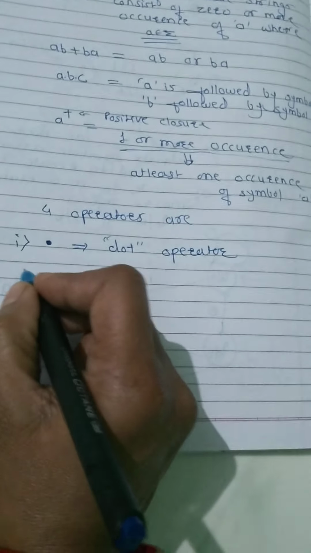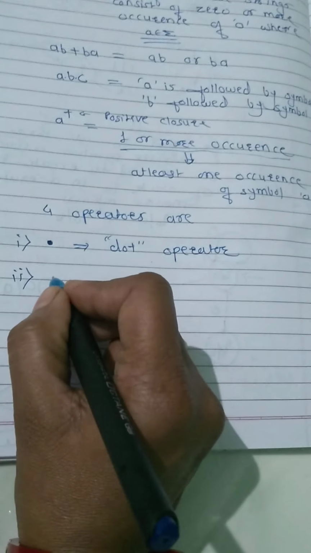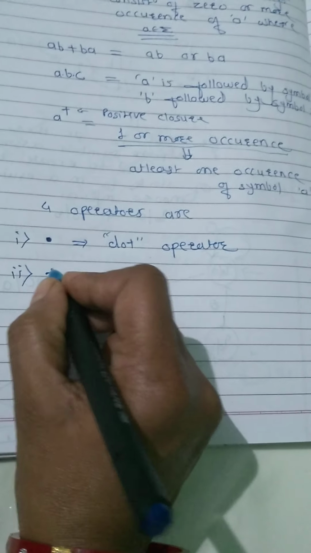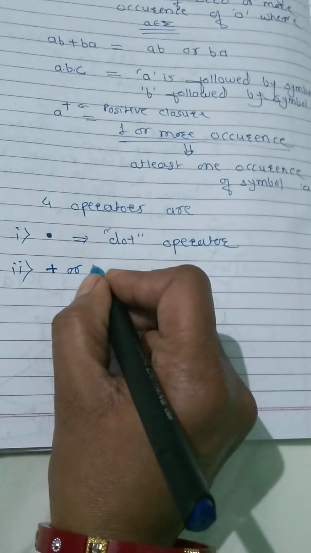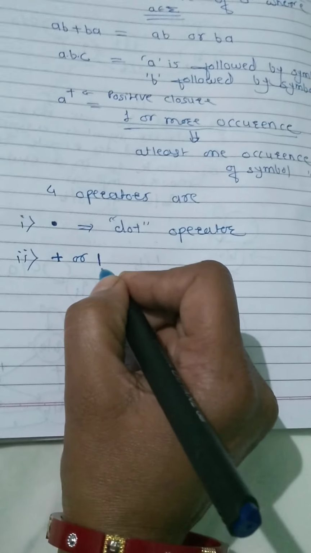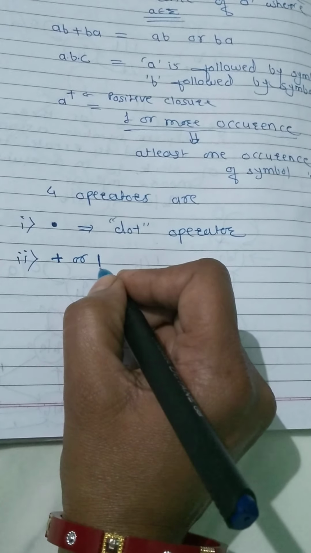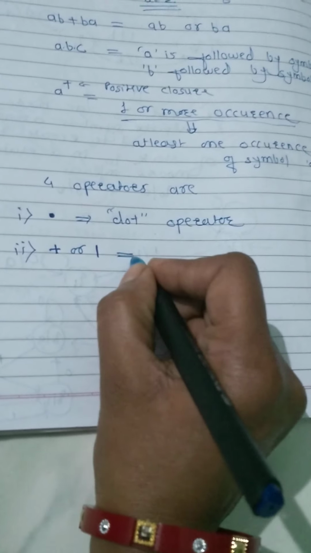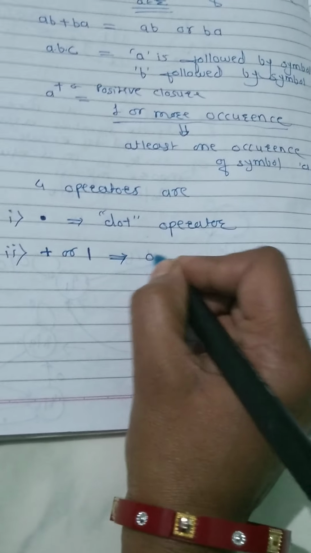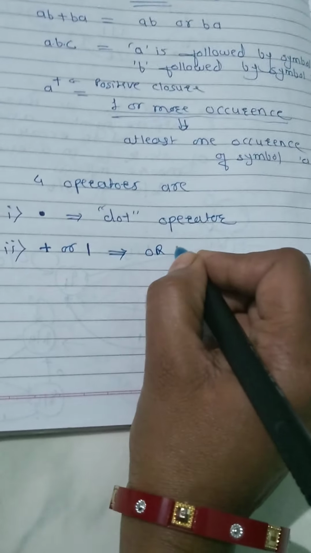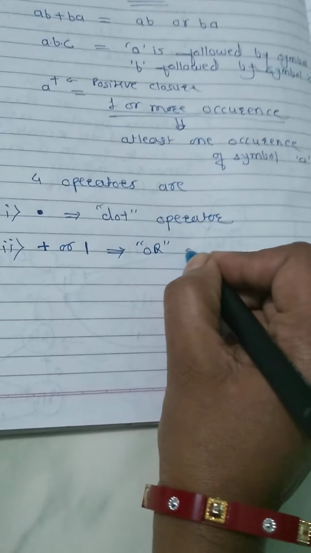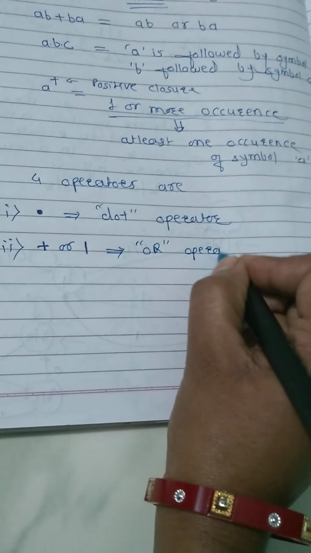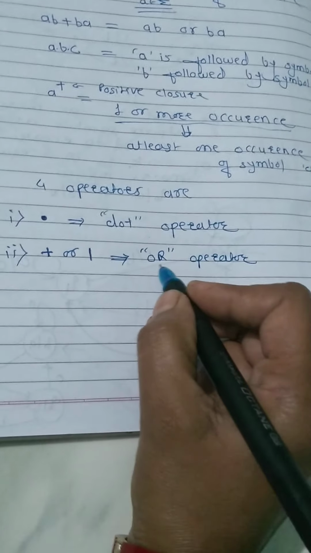Then second operator is plus, or this vertical bar symbol can also be used to represent the OR operator instead of plus. It is also known as a union operator.